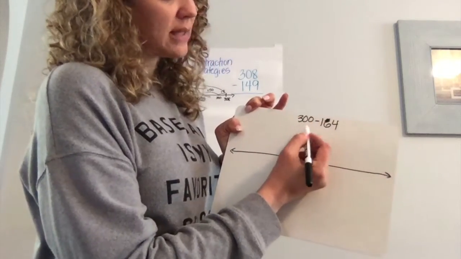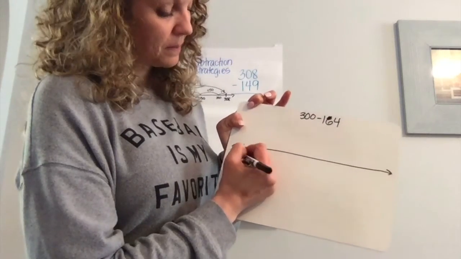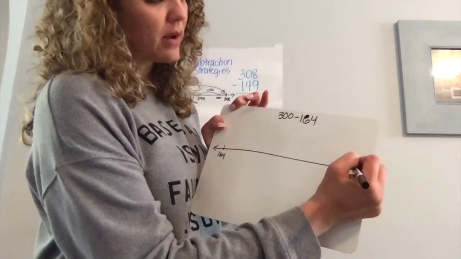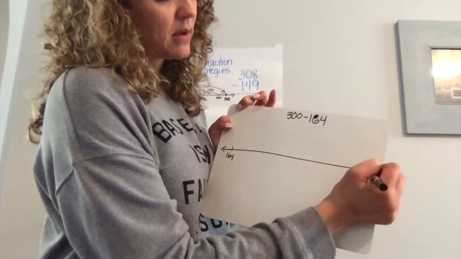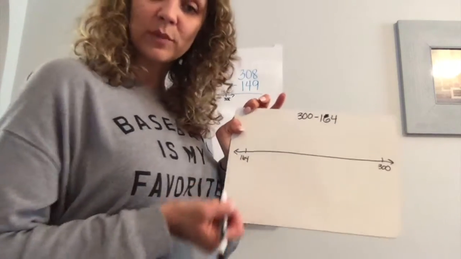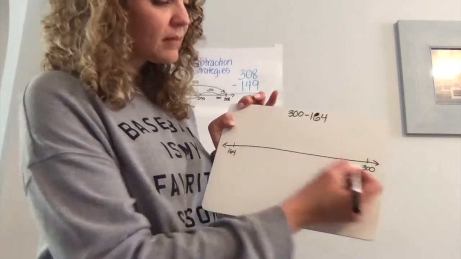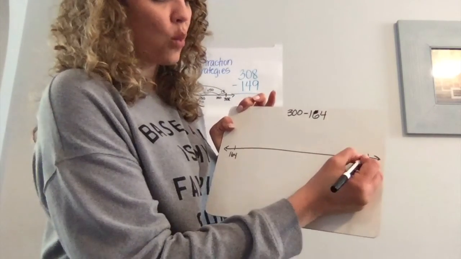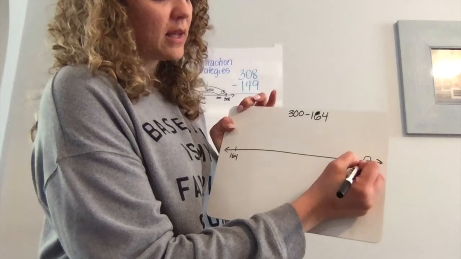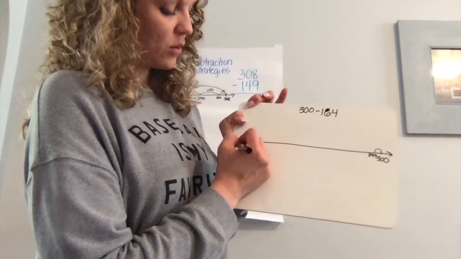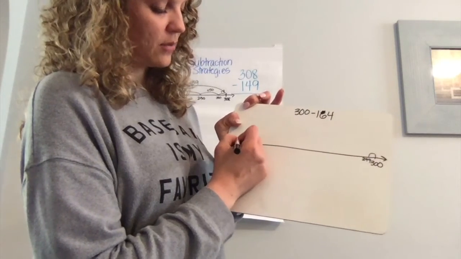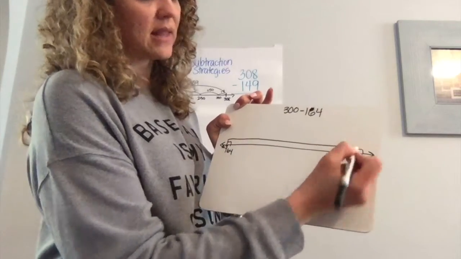So I can adjust each side of this. What I'm trying to figure out is what's the distance between these two numbers. But instead, I can take 1 away and do 299 and take 1 away, and that's 163. And now the distance has stayed the same.